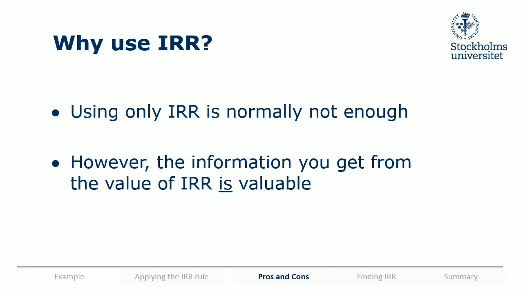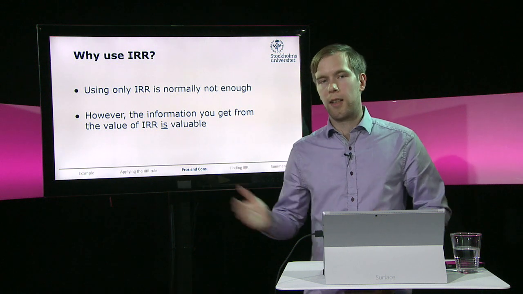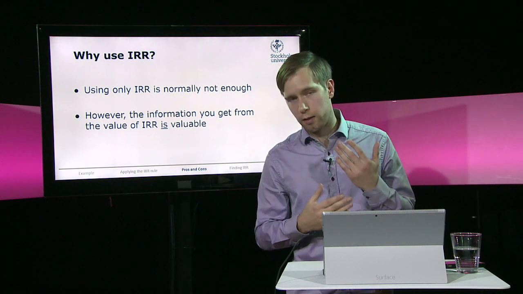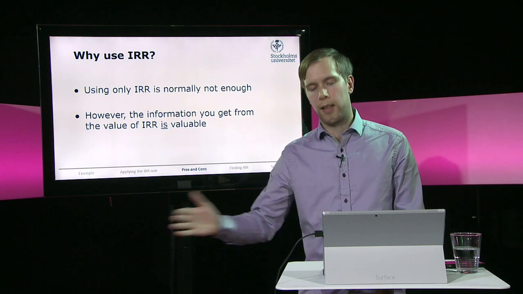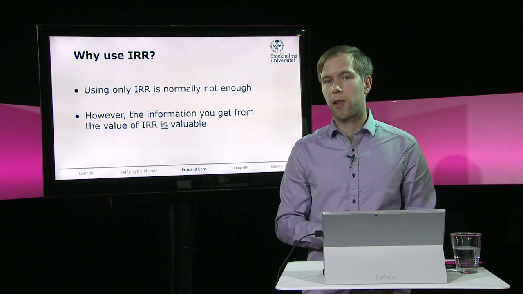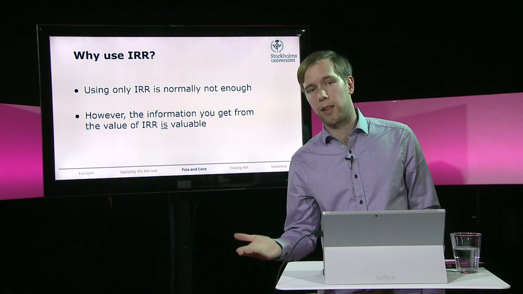So remember what we said in the beginning. Maybe we're a little bit uncertain of what our cost of capital actually is. Well, then the IRR gives us a margin. Let's say that we have a cost of capital of 8% and the internal rate of return of this investment is 15%. It means that we had to be very, very wrong about what our cost of capital is in order to make a bad decision here.